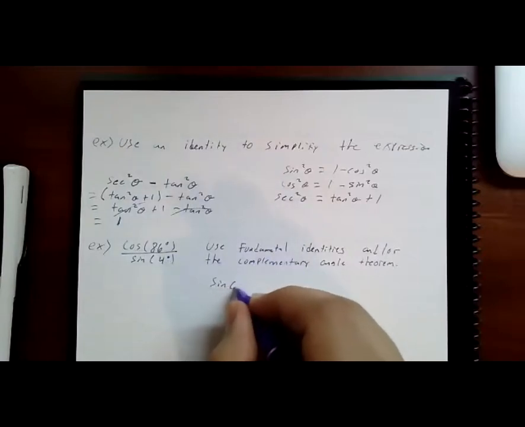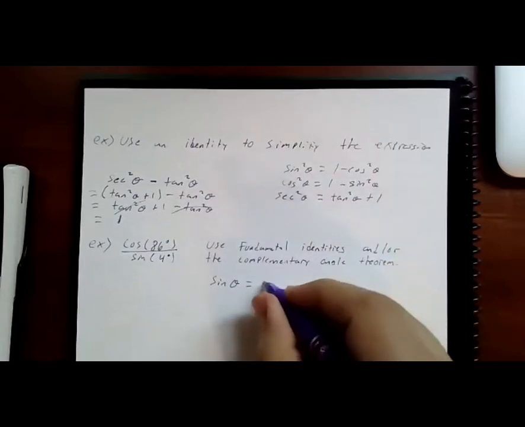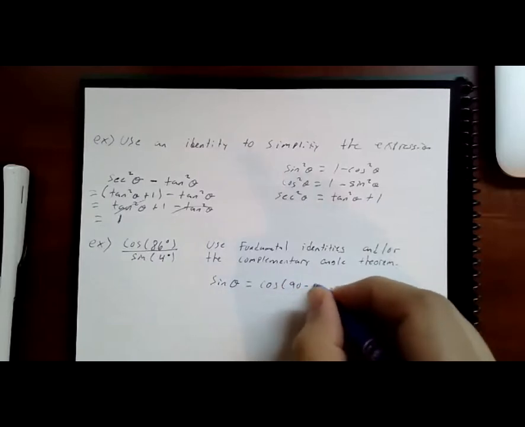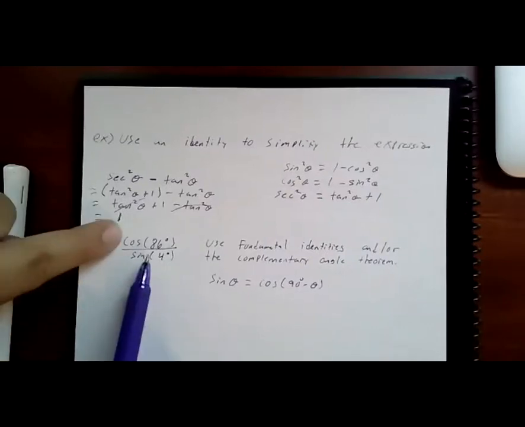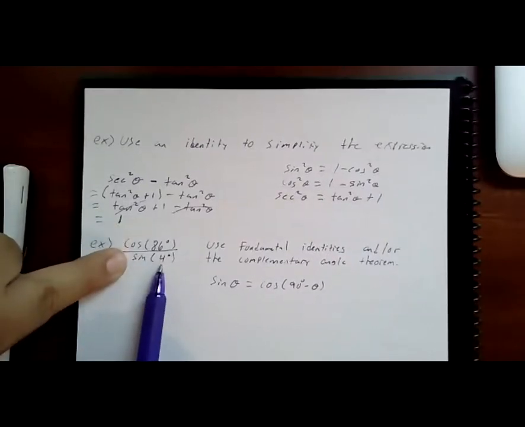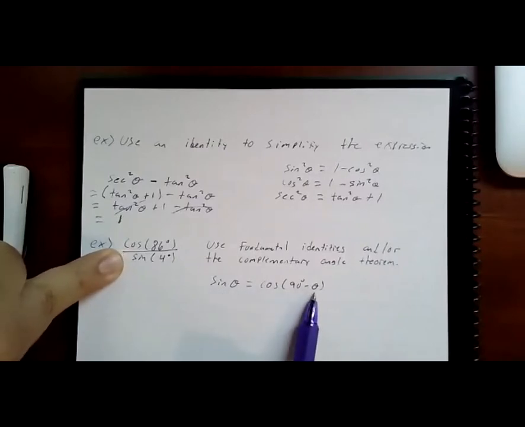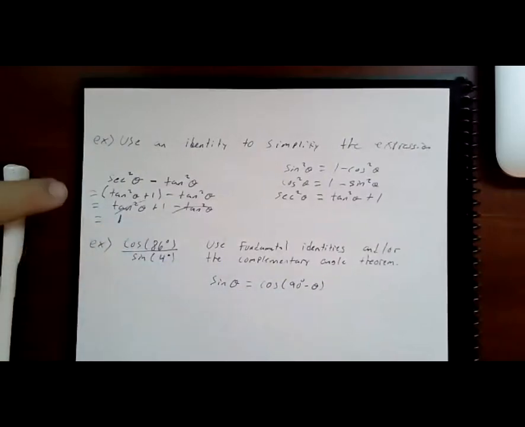The formula would be, given some angle theta, sine theta is equal to cosine of 90 minus whatever theta you're using, right? So let's say our sine is 4, that would be equal to cosine of 90 minus 4. You see what I mean? And then you can just replace it.